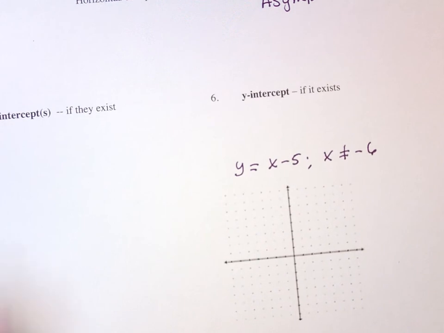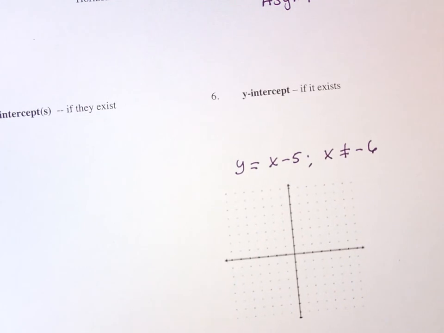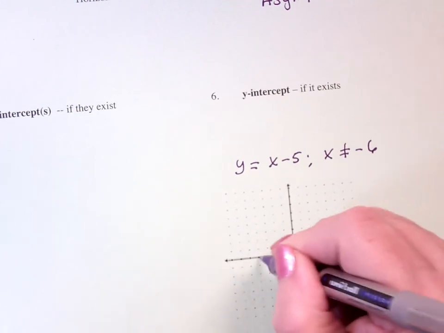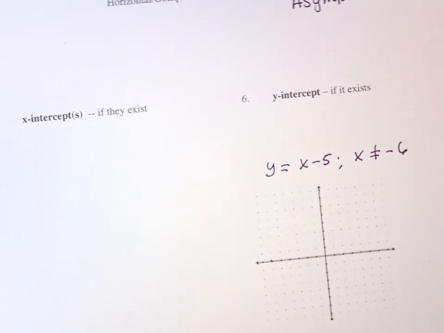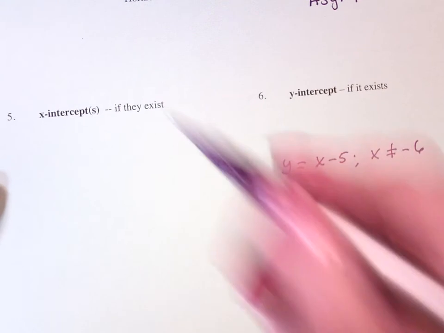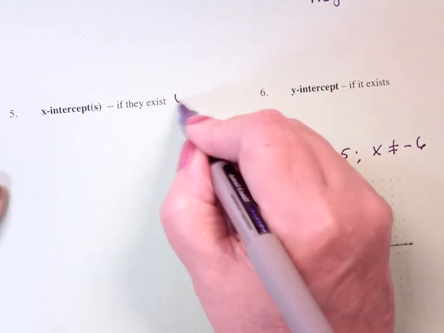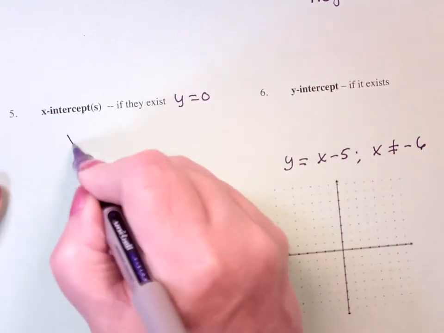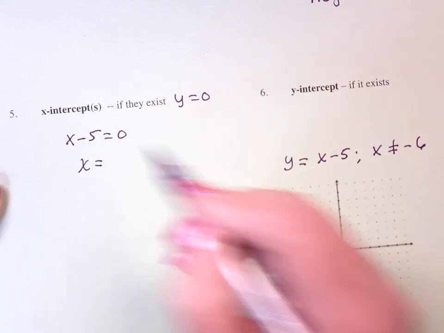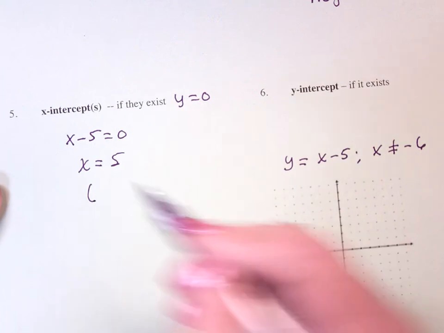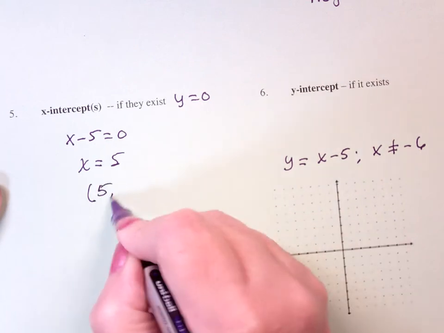Now, that means I'm going to have to scale my graph paper, or do I have enough? 1, 2, 3, 4, 5, 6. I'm okay. So I've got my graph paper chosen correctly. Well, let's go after the x-intercepts. That's where y equals 0, or x minus 5 equals 0, or x equals 5. So it's going to be 5, 0.